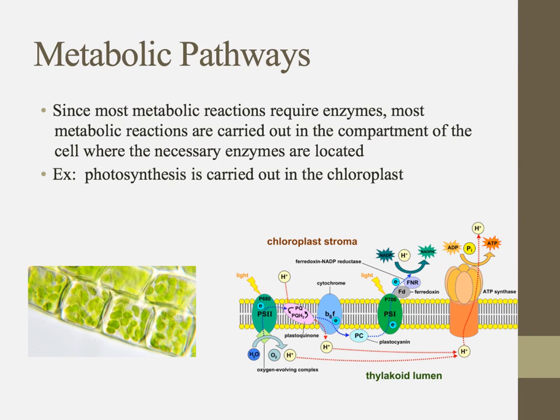Now, since most of these processes require enzymes, they're going to happen in the spots where the enzymes are located. Hello, that seems to make sense, right? So we know photosynthesis is carried out in the chloroplast of cells. Well, how come? Why isn't it just carried out in the cytoplasm? Well, because the chloroplast is where all of these important enzymes are found. Okay, so just kind of a bit of common sense knowledge there.